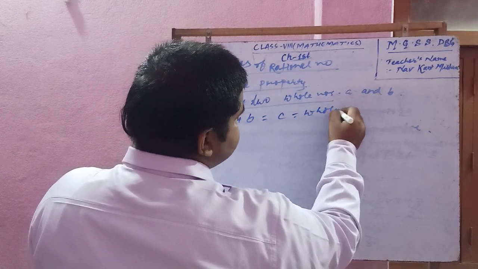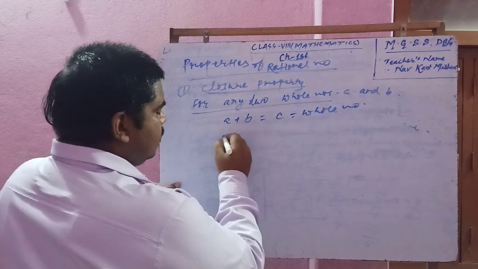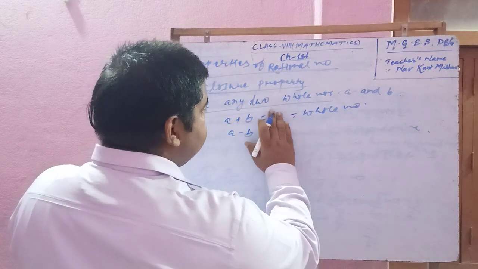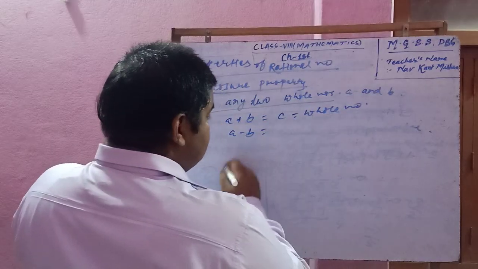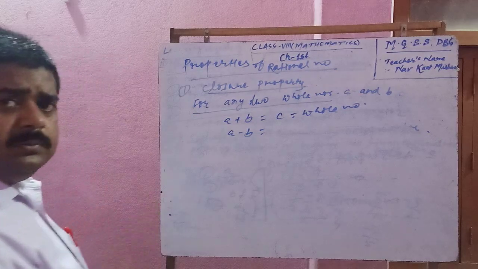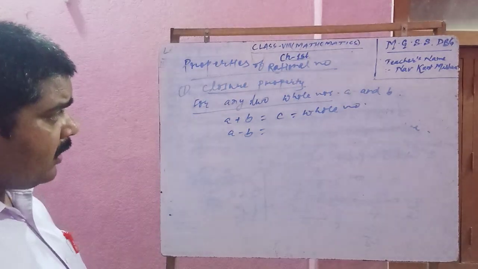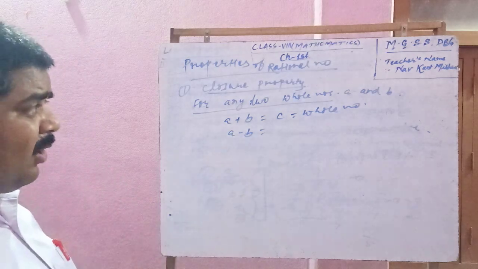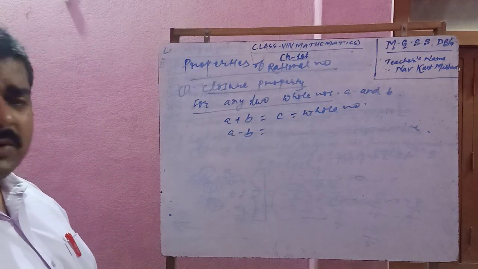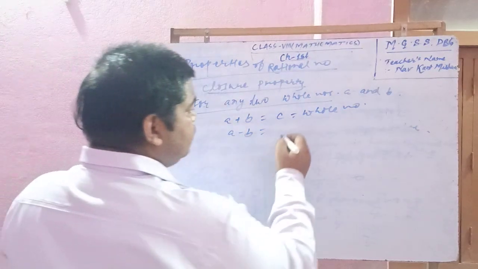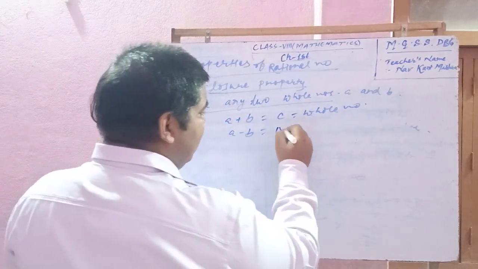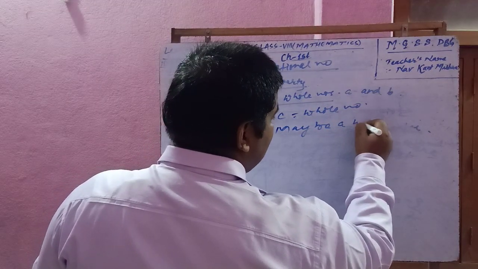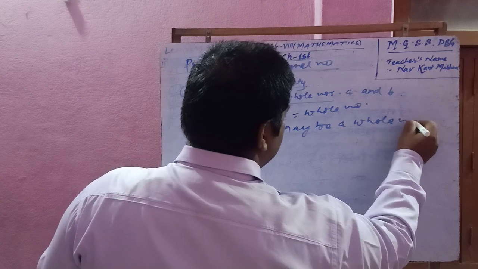For a minus b, the subtraction of two whole numbers, it is not closed in all cases, so it may or may not be a whole number.